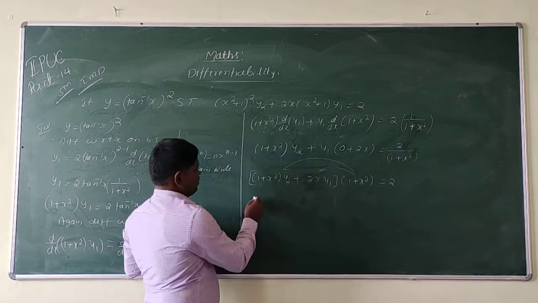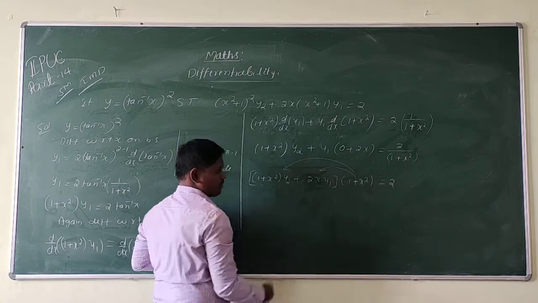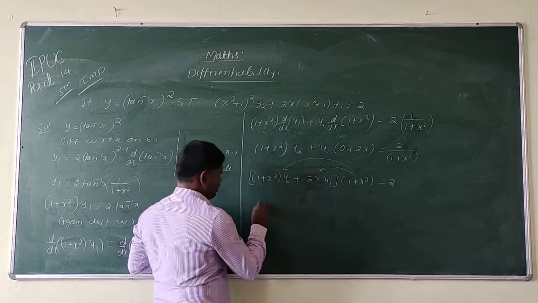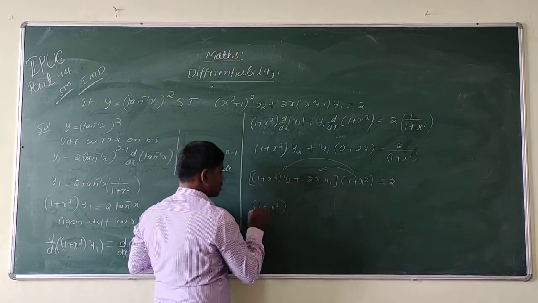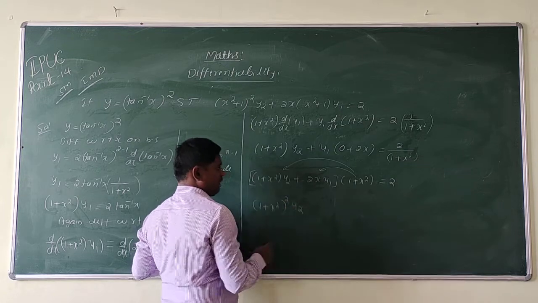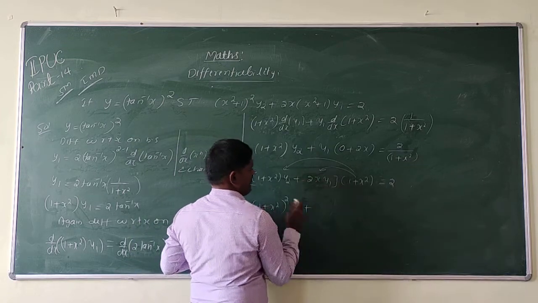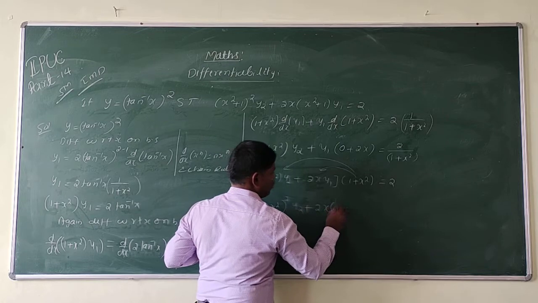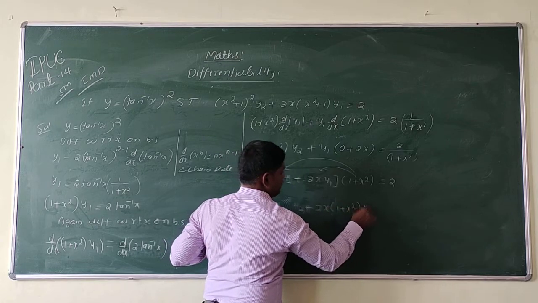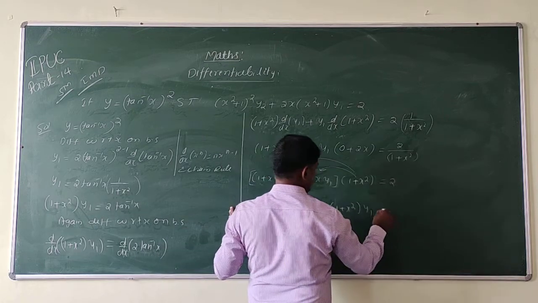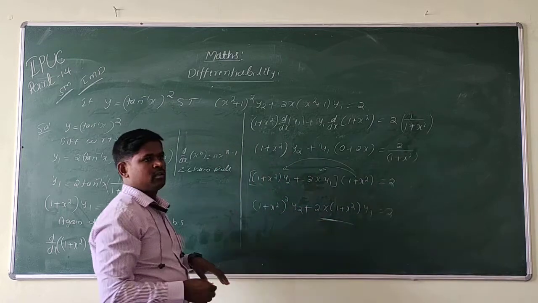So then we get 1 plus x square into 1 plus x square, that is 1 plus x square whole square, into y2. Okay, plus, so just multiply here, that is 2x into 1 plus x square into y1 is equal to 2. So this is the required solution.